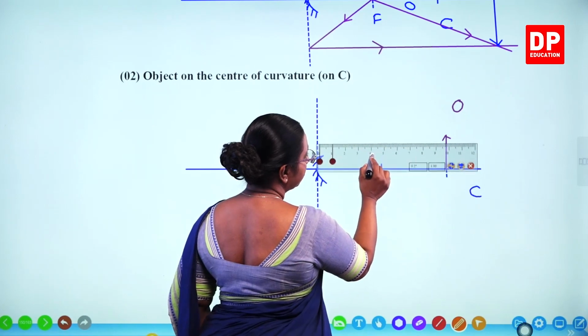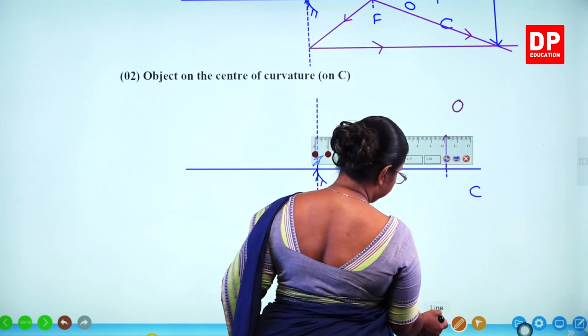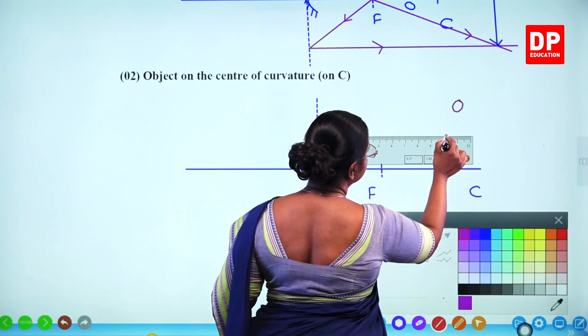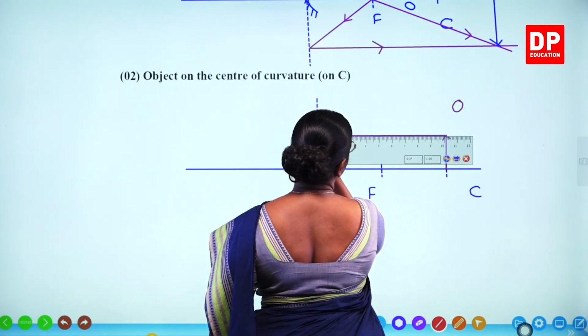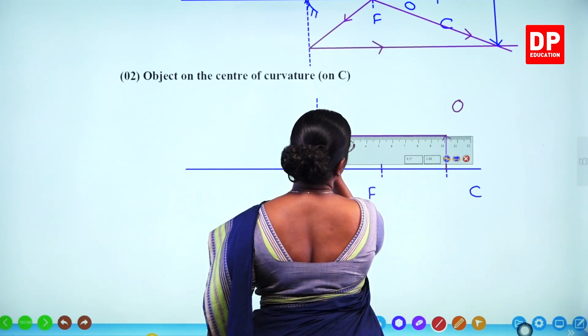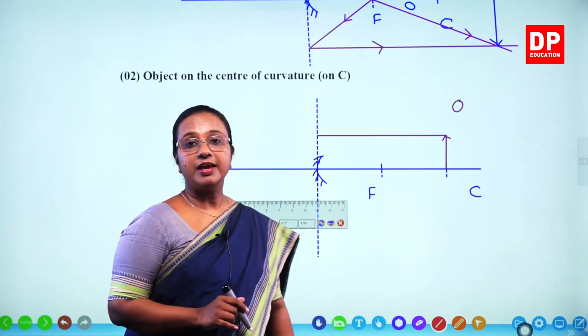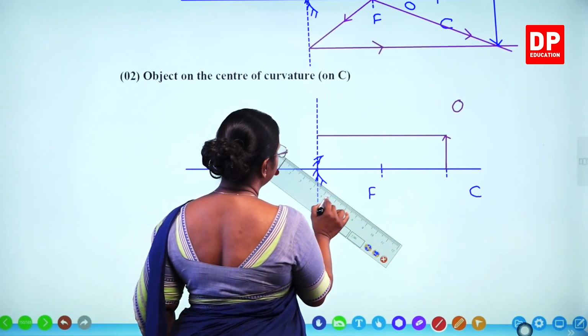Then I will draw a ray that is coming parallel to the principal axis. Here I have drawn a ray coming parallel to the principal axis. You know what will happen to the ray?